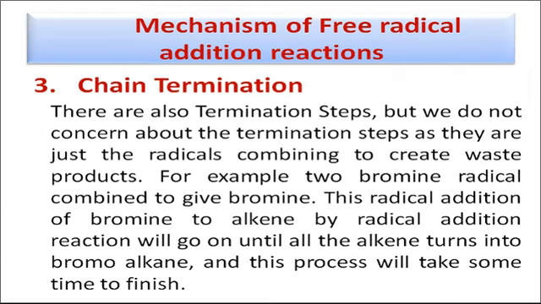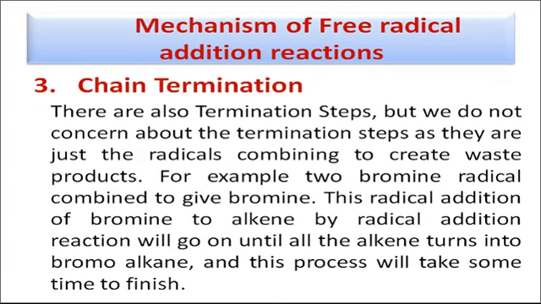Next is the chain termination step. There are also termination steps, but we are not concerned about the termination steps as they are just radical combinations that create waste products. For example, two bromine radicals can combine to form bromine. This radical addition of bromine to alkene will go on until all the alkene turns into the bromoalkane, and this process will take some time to finish.